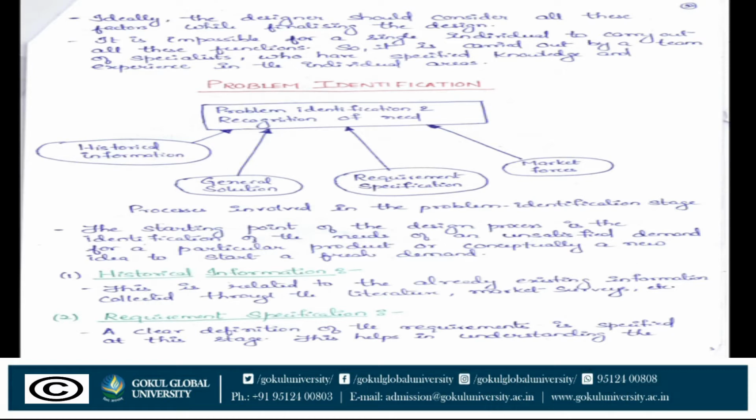Generic solution means you have to perform those tasks with software and on different machines. Third is requirement specification, which processes are required to complete this work in a number of stages. And the last is market focus, what the focus of the market is on this product. You definitely have to know the market focus on that particular product.